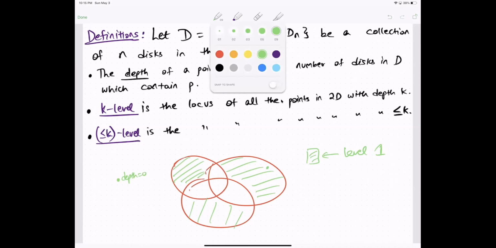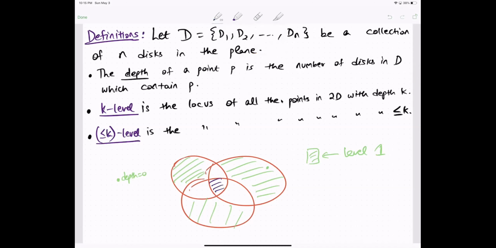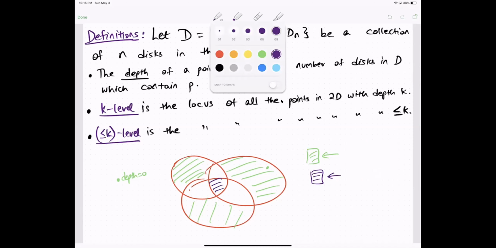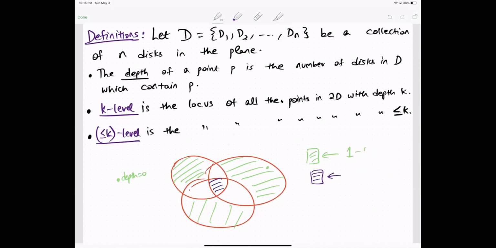And then let's take some other example. Sorry, level 3. Okay, I should be more careful in defining this. This is 1 level. This is 3 level.